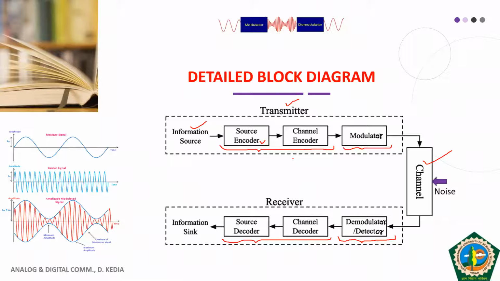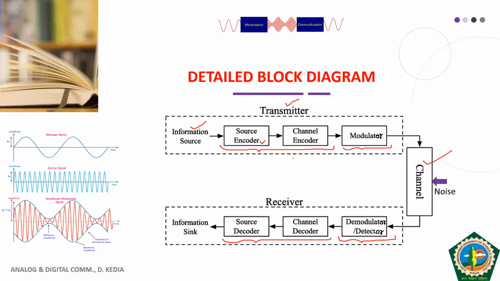Right now, you need not worry about why we are using two kinds of encoders. Here there are two types of encoders shown. One is the source encoder and another is the channel encoder. But you simply keep in mind that we are using an encoder.